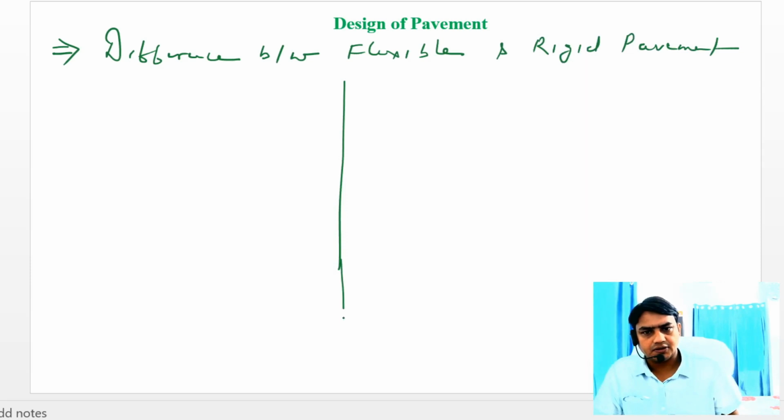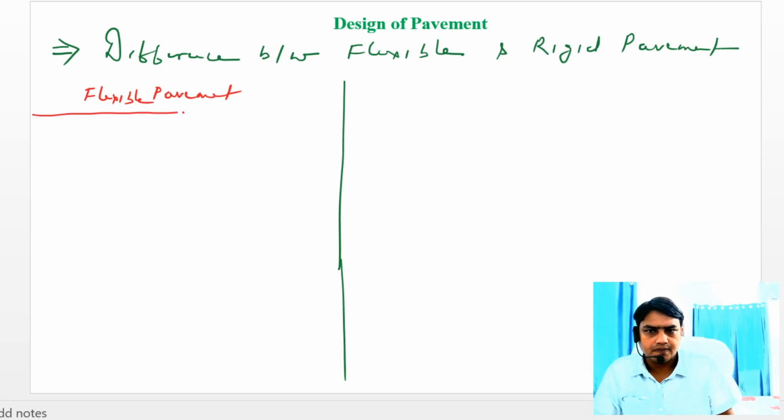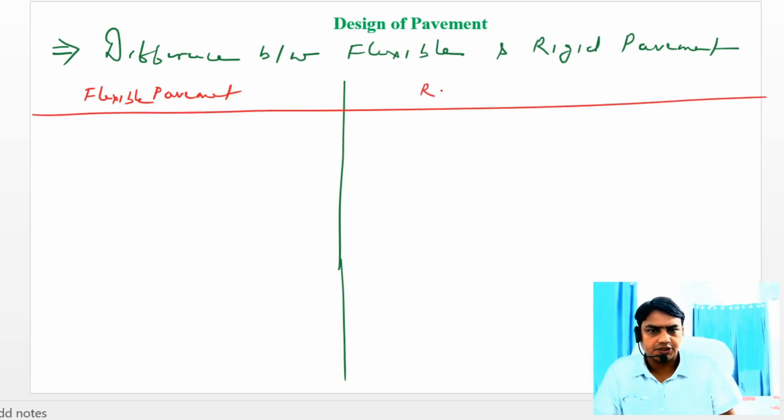So if I write the difference, in one column I am writing flexible pavement, and on the other side is rigid pavement. Firstly, I will see the layout of this pavement.